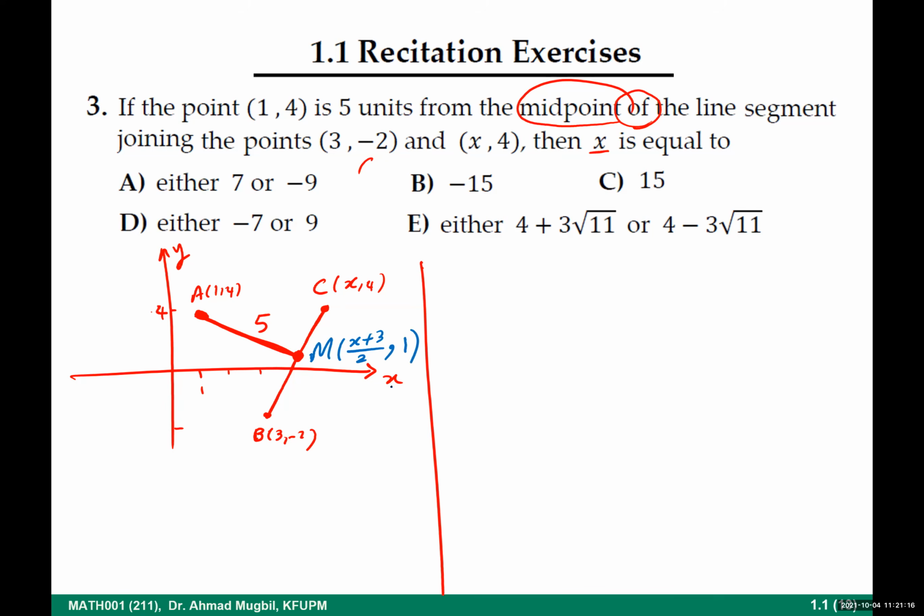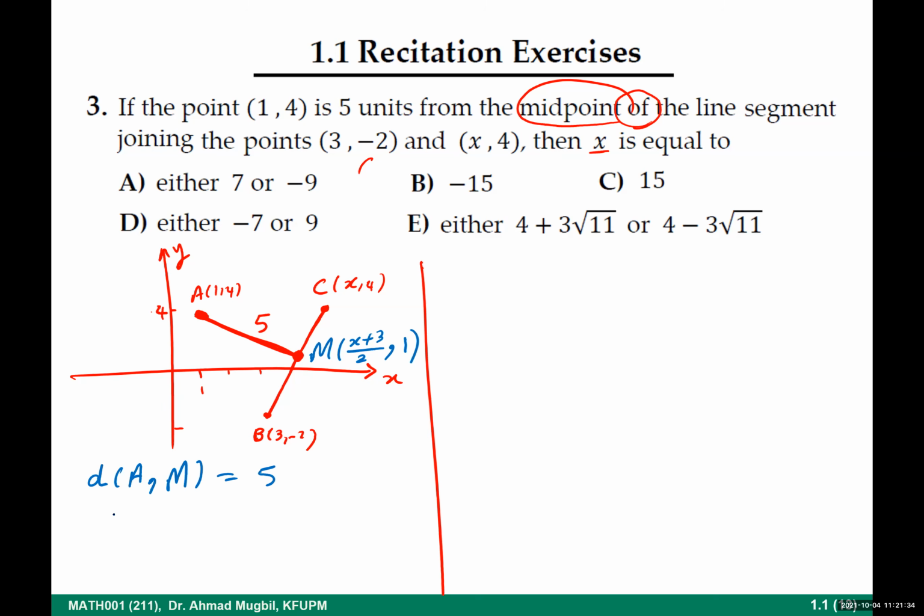Now, according to the given, the distance between A and M is equal to 5, right? What is the distance between A and M?